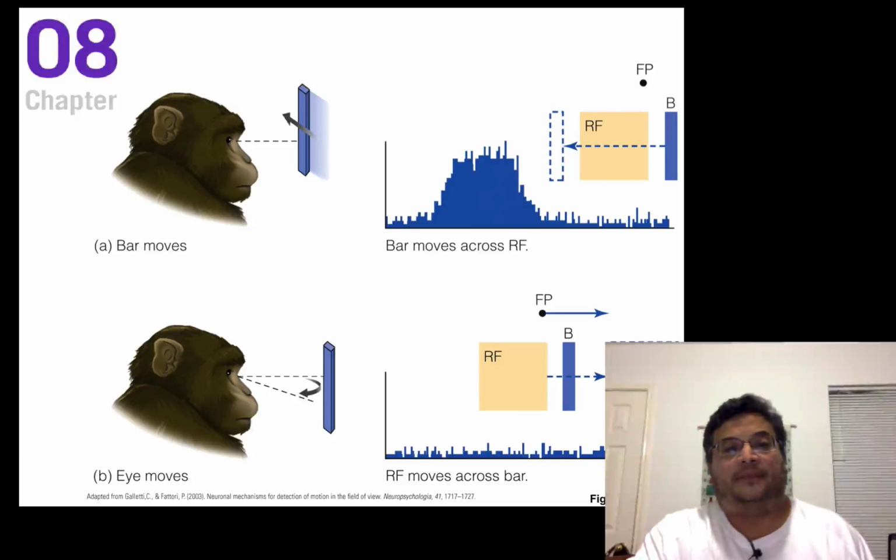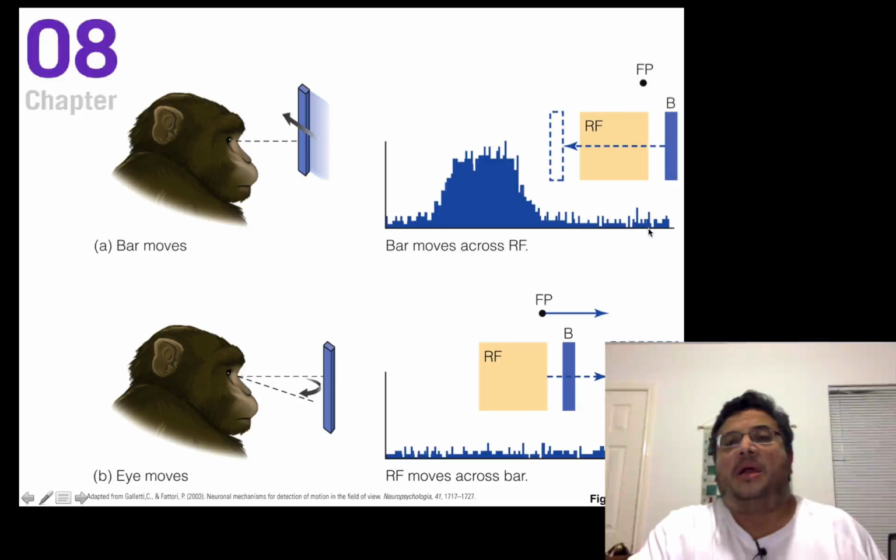Here's an example. The higher these little bars go, the more firing there is. On the y-axis we have strength of the neuron firing, and on the x-axis we have time. So basically, they are able to move this bar back and forth, and whenever the bar does move, for example, if the monkey's looking here and the bar all of a sudden moves from B to this position here, there will be a firing. The bar moves across this square.